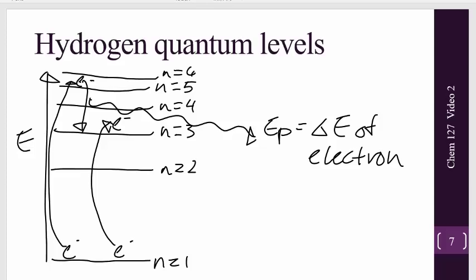Okay, so hydrogen is the most simple atom. It has just 1 proton and 1 electron, no neutrons even. So this hydrogen atom and its electron transitions, this is the only atom that we have been able to mathematically describe the different transitions that can happen for its electron and then the energy of the resulting photons.